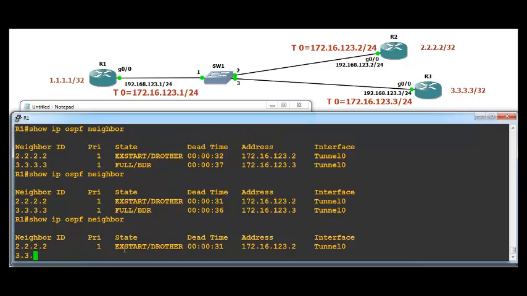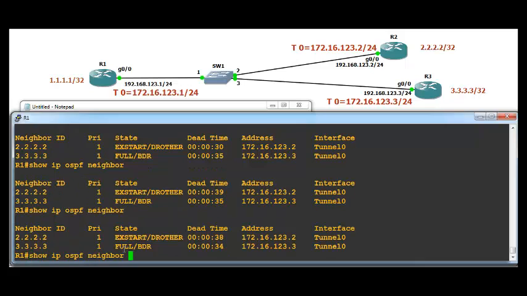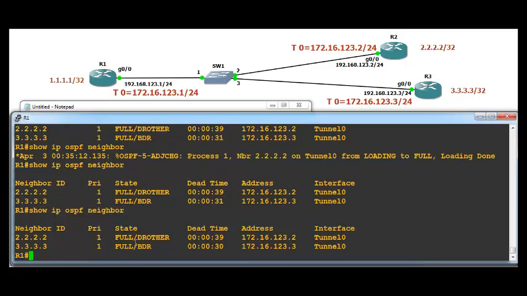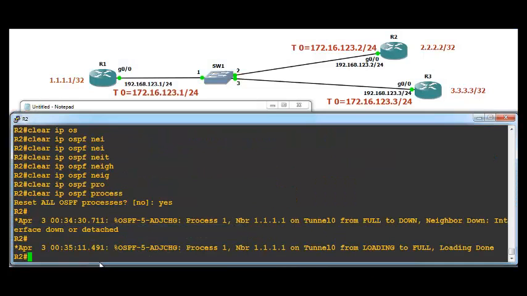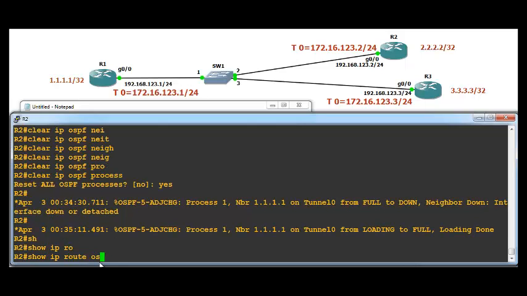We need to wait some time. Yeah, see, full state.